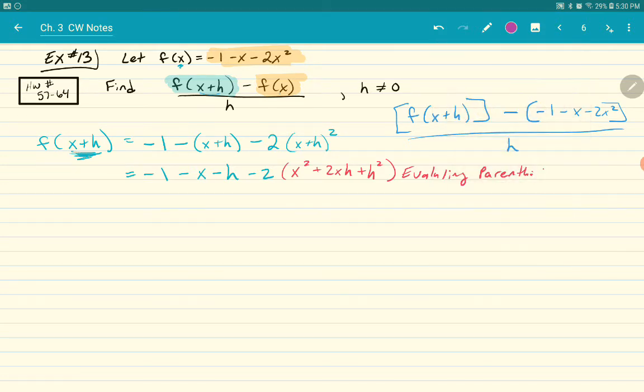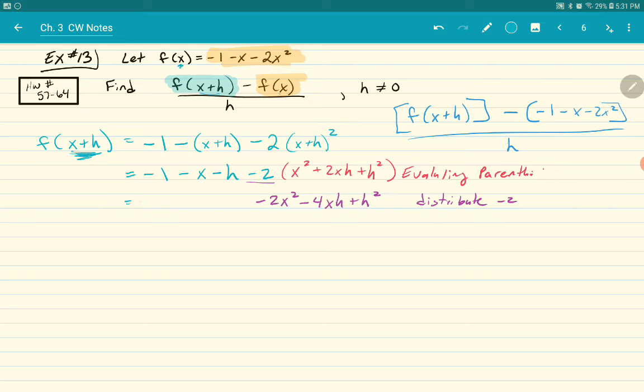Then my next step, I'm going to continue evaluating the parentheses by distributing this -2 to that parenthesis. So that gives me -2x squared minus 4xh plus h squared. So my parentheses are gone now.